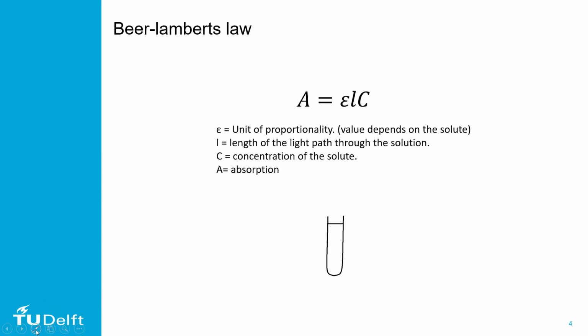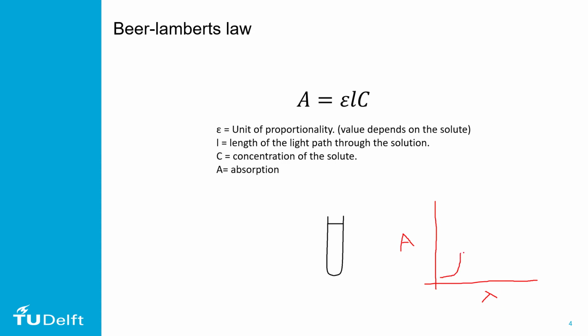When you are expecting output from these equipments, you would see something like this. So you have the wavelength on the x-axis and the absorption on the y-axis. So this is the light spectrum that you supplied to the test sample.